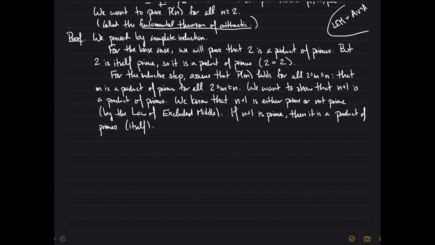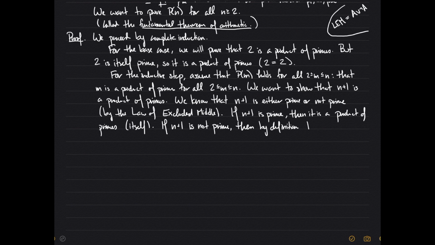Okay, so now let's suppose that n plus 1 is not prime, then by definition, so we'll talk a bit about prime numbers, I think, later in the course. But if you don't remember, being not prime means that you're the product of two guys that are not 1 or yourself.